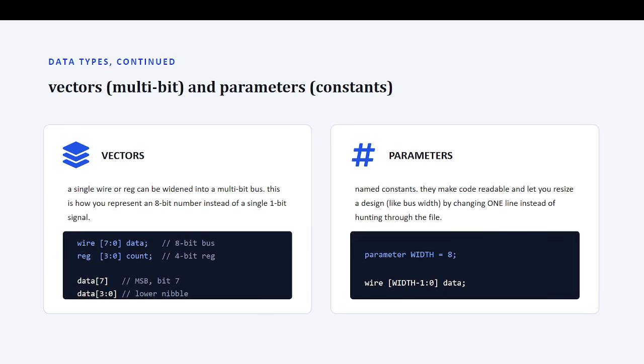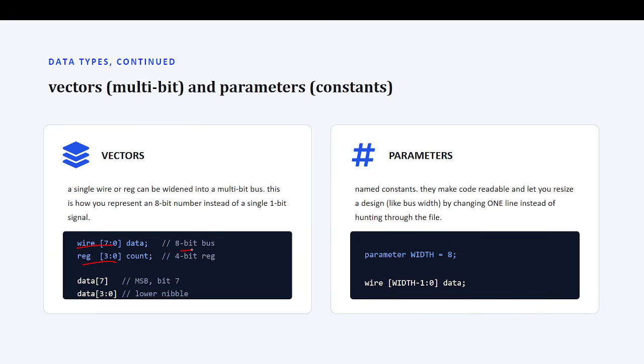A vector is simply a wire or reg that has been declared with a bit range, allowing it to represent multiple bits on a single named signal. Look at the syntax. wire [7:0] data; reg [3:0] count; The notation [7:0] tells the compiler that data is 8-bit.